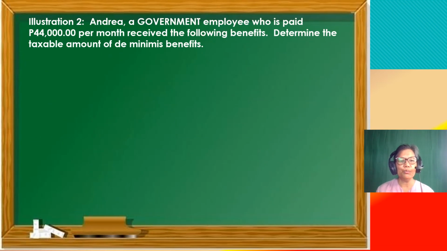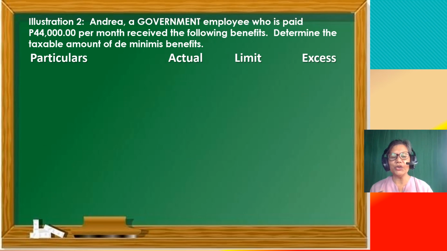Let us assume that Andrea, by this time, is a government employee who is paid 44,000 pesos per month and receives the same benefits as in the previous illustration. We are going to determine the taxable amount of de minimis benefits. The first thing that you are going to do is to label particulars, actual, limit, and excess.